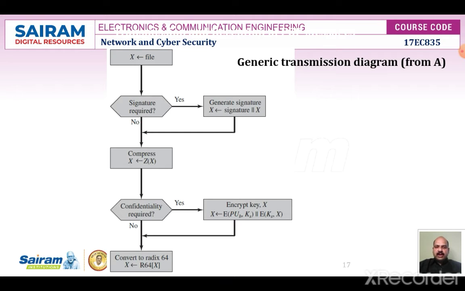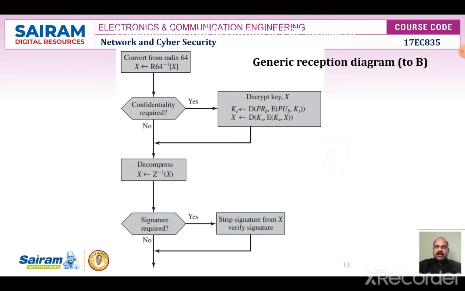On the reception end, the incoming block is first converted from radix 64 to binary. Then the message is decrypted. The receiver recovers the session key and decrypts the message. After that, the message is decompressed. So the resultant block is then decompressed.